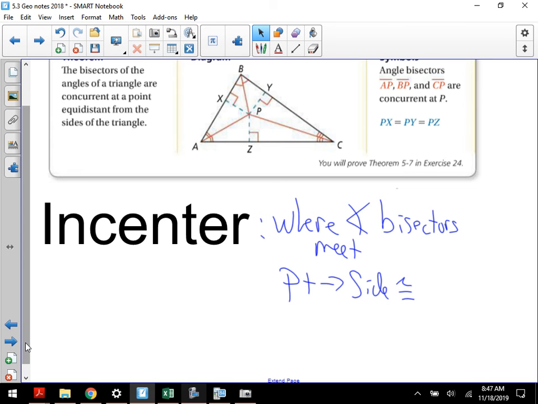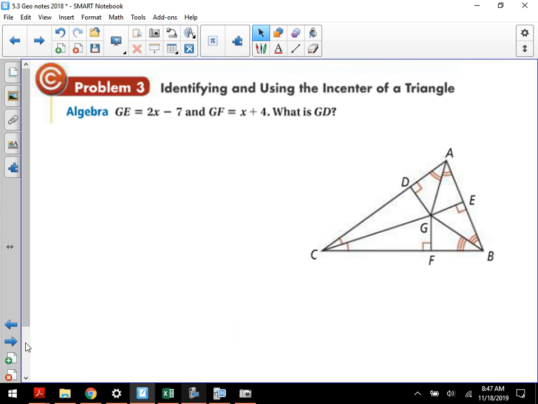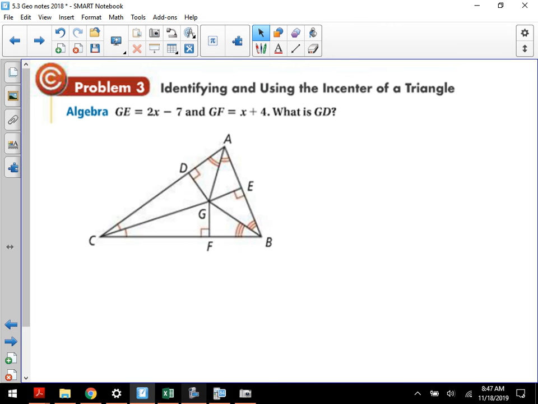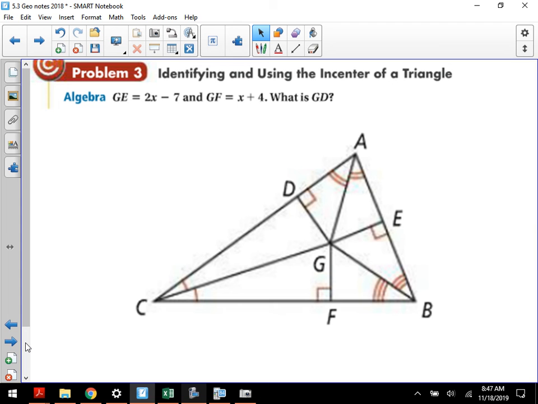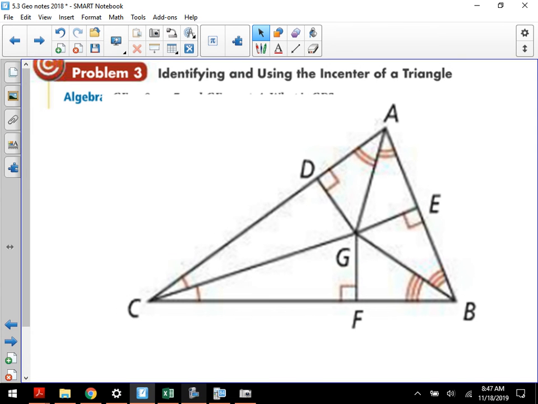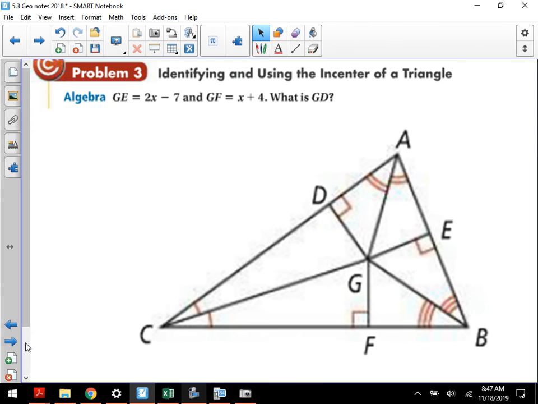All right. And now here's what we were saying about knowing your vocab. In this example, it says you have an incenter. What segments are congruent for an incenter? Point to side. So I know that all of my point to sides are congruent. If I'm looking at my picture, these three pieces would have to be the same.